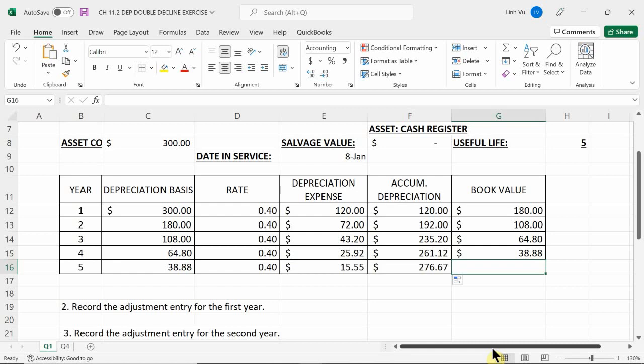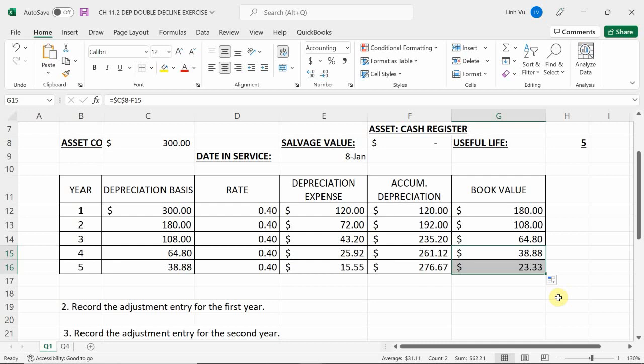So 276 minus 300. 324. I think it's 27. Oh, yeah, you're right, 24. $23.33. Right? Now, can I continue going on for a 6th year?